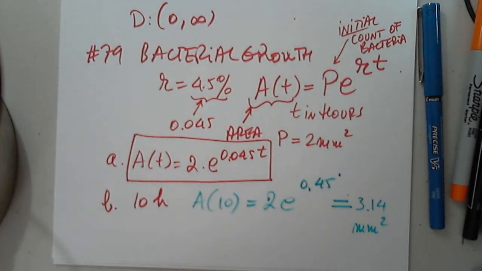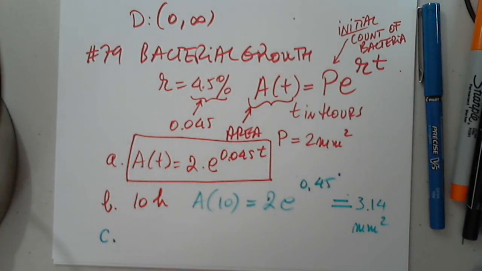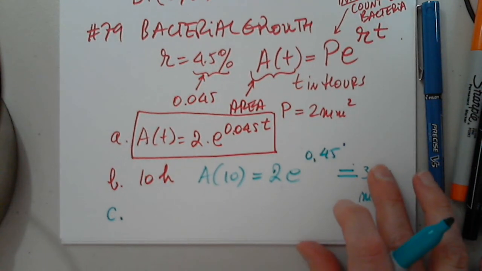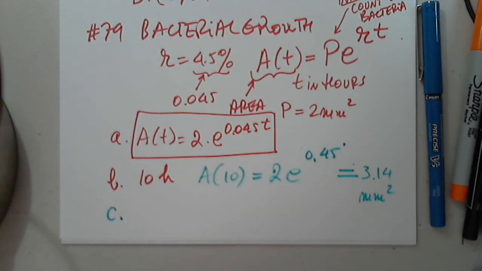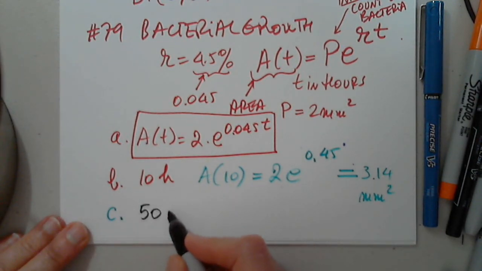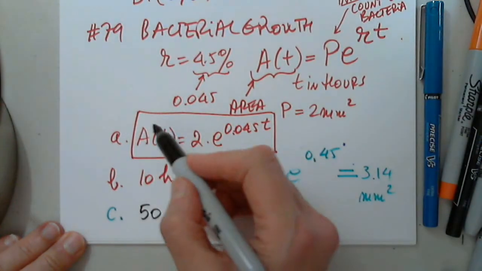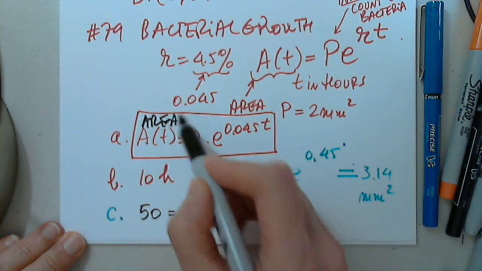It's the area. Okay, in part C, they're asking, when will the colony's area reach 50 millimeters squared? What do I need to do now? A of t equals 50. Plug it in. Very good. 50 equals, no, A. This is the area, right?